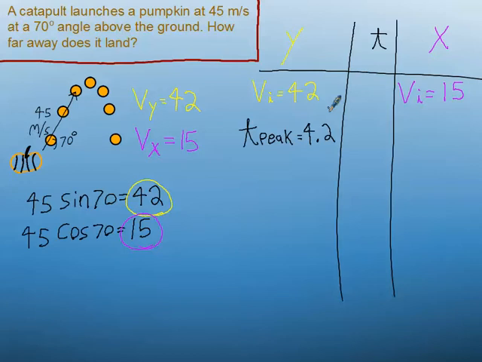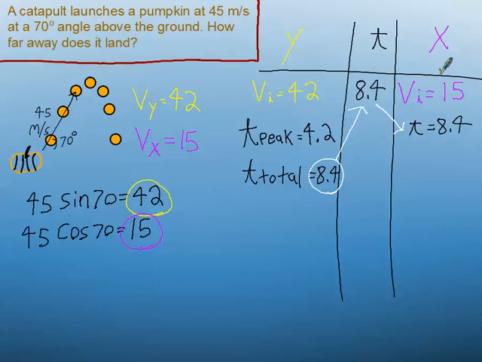If it lost 10 every second and there was 42 vertical velocity to be lost, then the peak time would happen after 4.2 seconds of flight, which means the total time would be 8.4 seconds. We're already almost done.